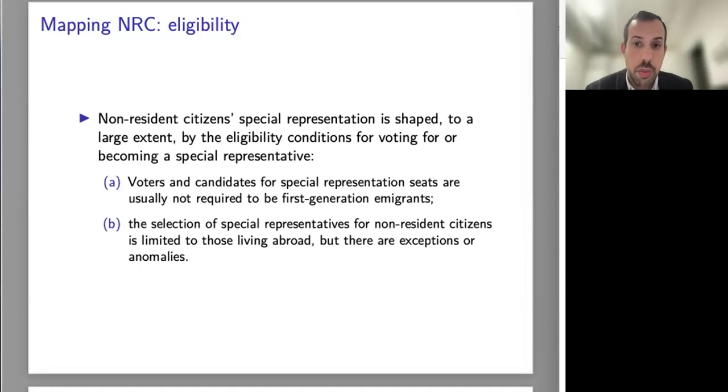Voters for special representation seats or candidates running for such seats are usually not required to be first-generation immigrants. That's why we prefer to refer to a special representation of non-resident citizens instead of a special representation of immigrants. So we include descendants of immigrants, which are also included in several cases for this provision.